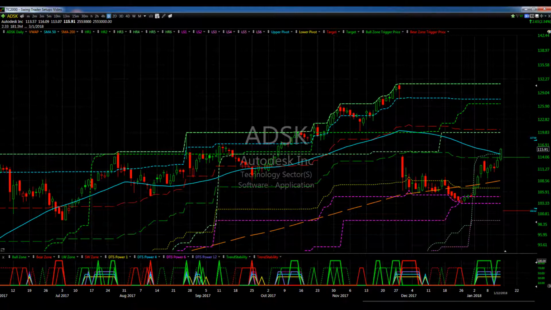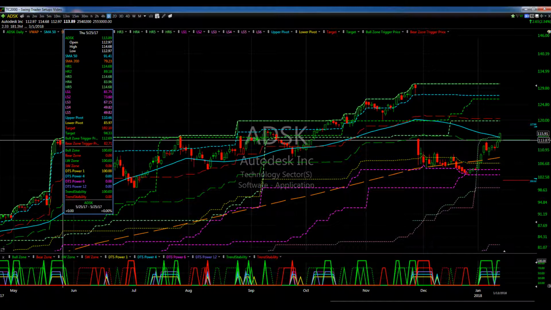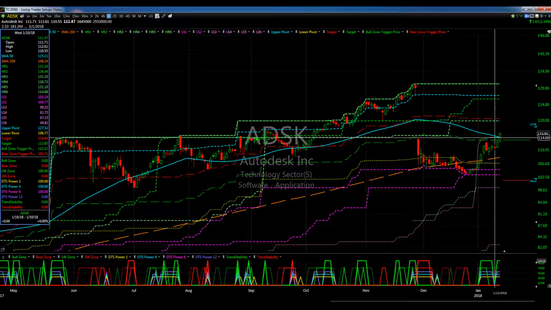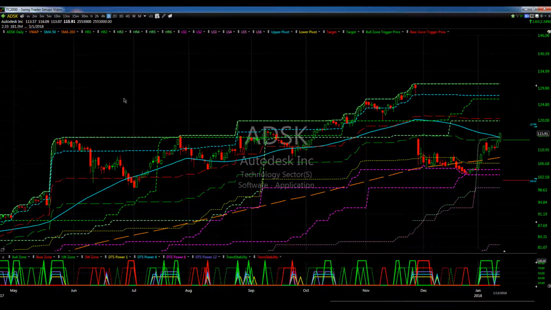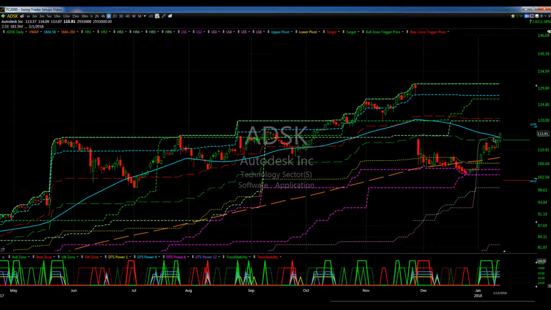This big gap up, the highest high was 114.68, and the value of this little line in this little box over here, the bottom green number, is 114.68. So my system shows me that I have a resistance level that was established from May of 2017.